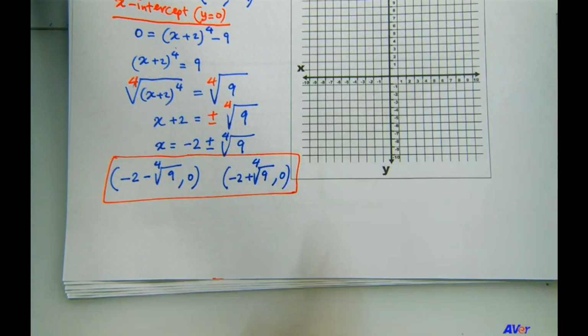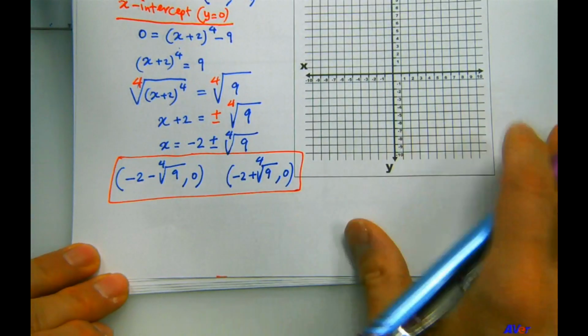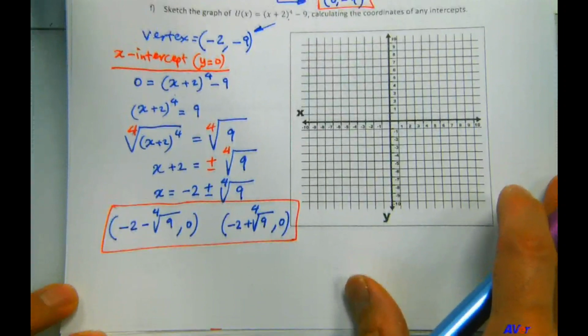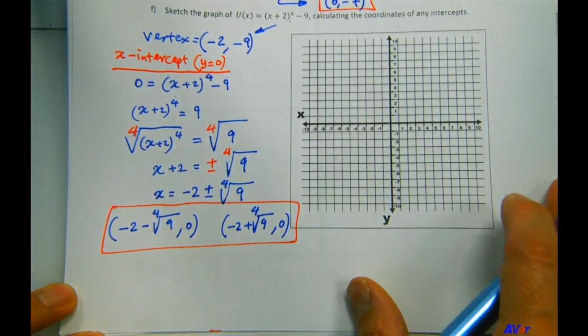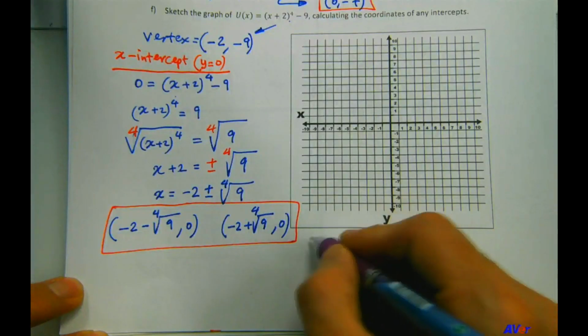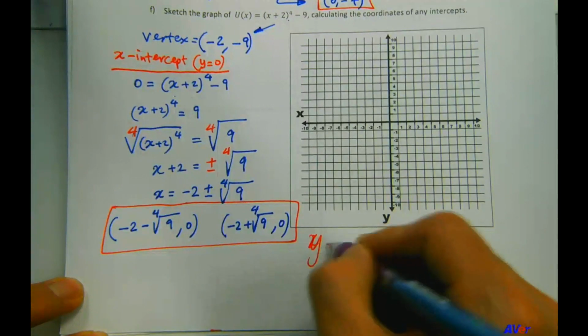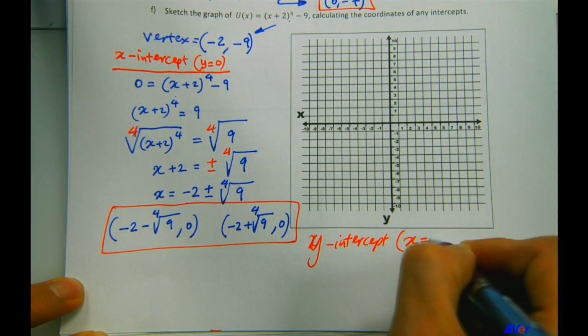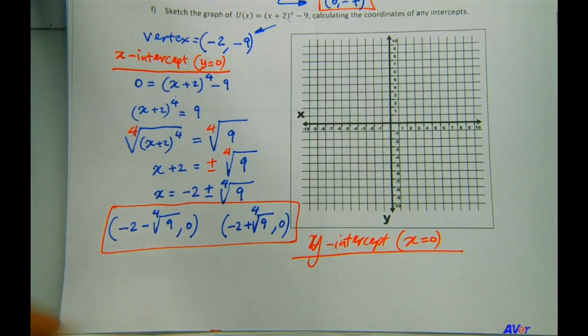And the y-intercept, let's do that here. Let me keep everything on the screen as much as I can. That's as far as I can come down. So now y-intercept, which means x should be equal to 0.